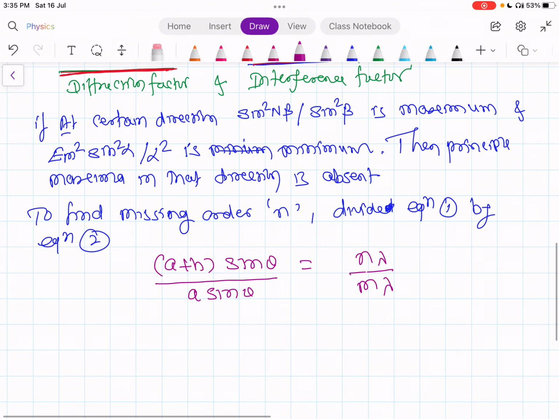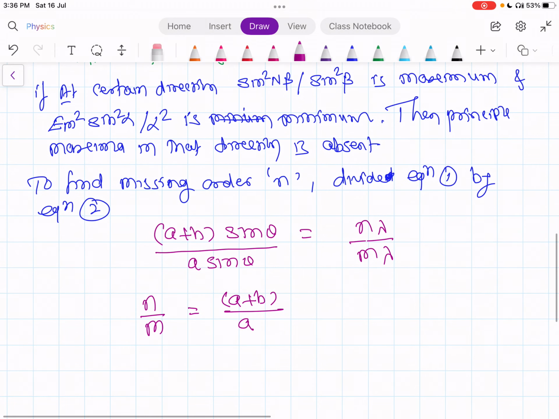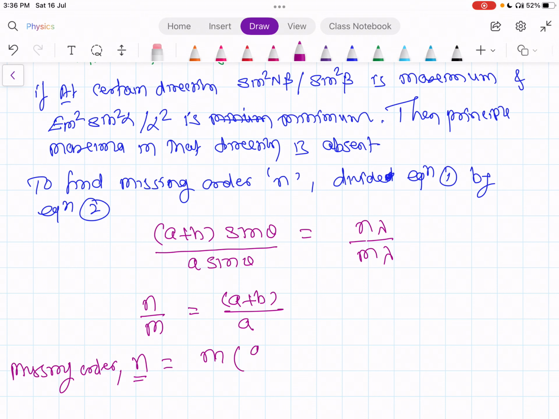From this equation we get n by m equals (a plus b) upon a, or n, the missing order, equals m times (a plus b) upon a.